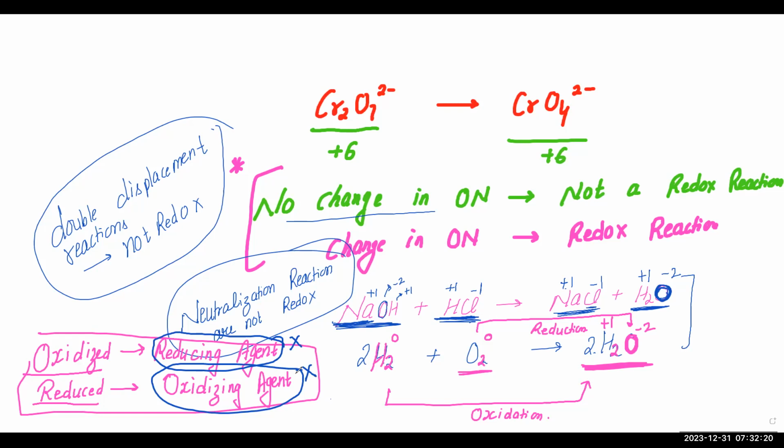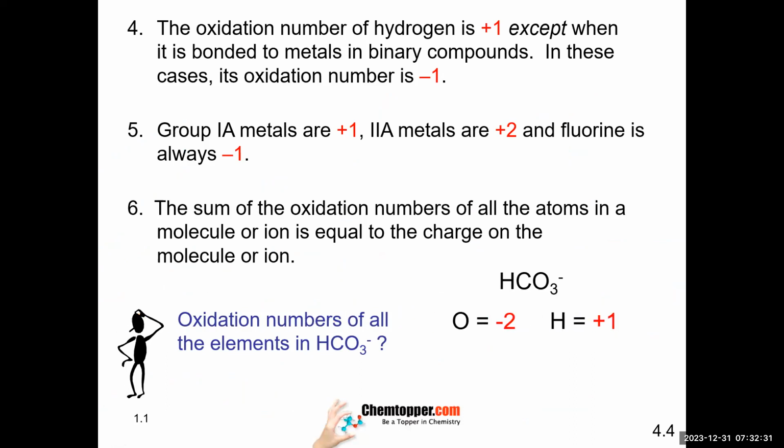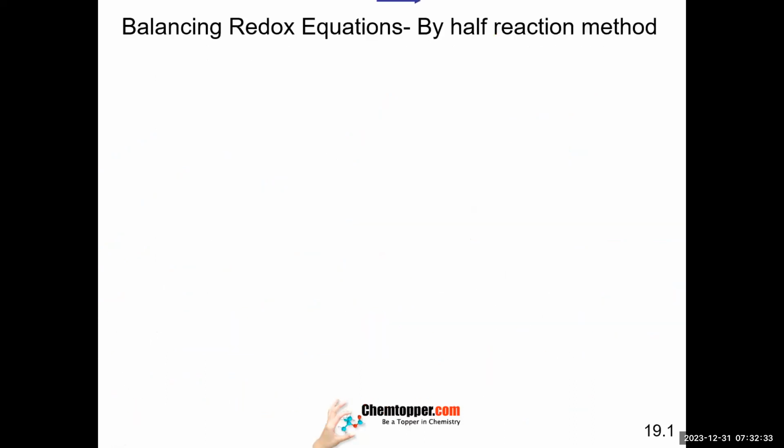So now I'm moving on to the next topic, balancing of redox reactions. We have understood the meaning of oxidation and reduction. Now we are going to do balancing of redox reactions. There are two methods.